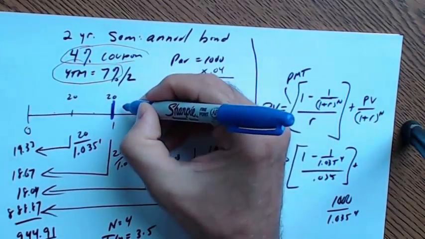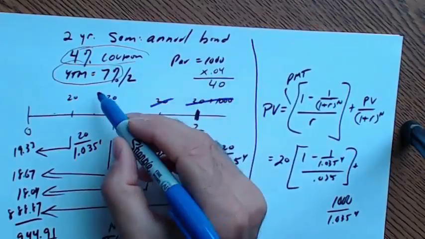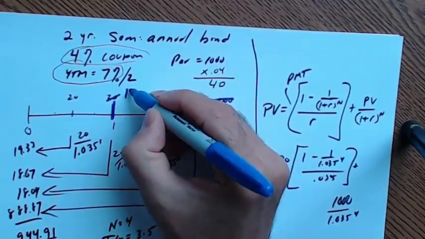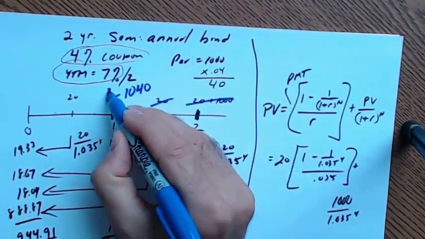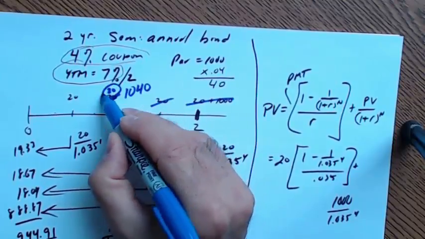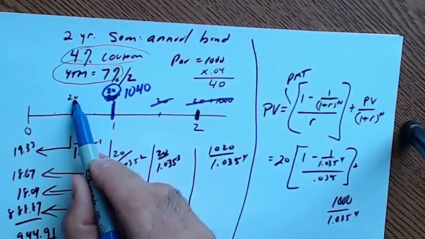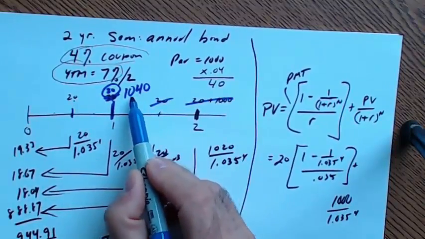That means what's going to happen in this timeline, this goes away. You're not going to get this. You're going to get 1,040. Oops, I should keep that 20 in. You're going to get the next coupon, a coupon here, plus 1,040 right at this point.